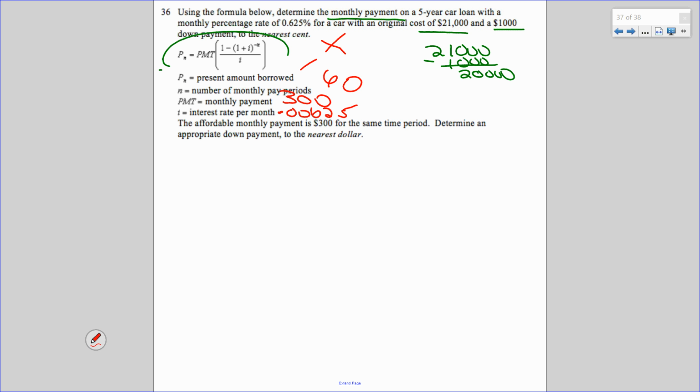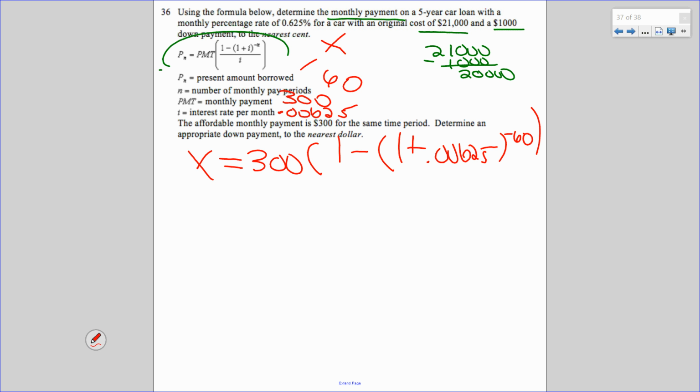So P of M is X, PMT is 300. 1 minus parentheses 1 plus 0.00625 parentheses to the negative 60 over 0.00625. Oops.